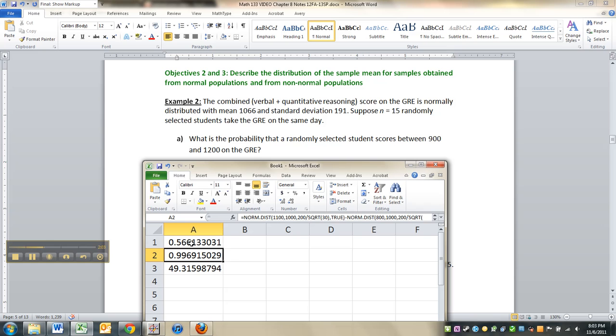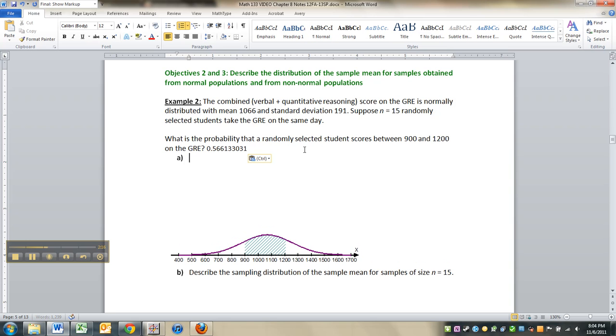So you're taking the higher value minus the lower value, if you will. I have reasons for doing that. Okay, so it's 0.5611.